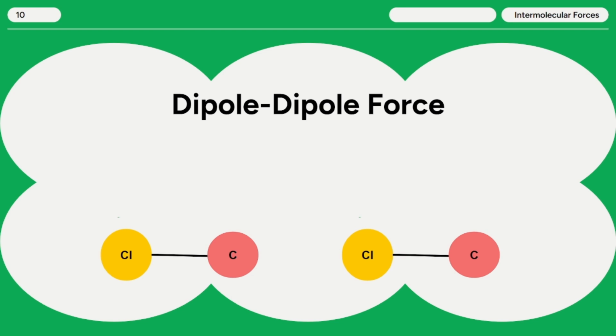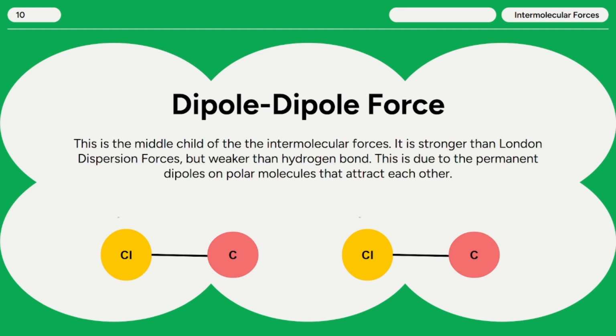Another type of force that we have is a dipole-dipole force. I kind of like to think of this as the middle child of the intermolecular forces. It is stronger than the London dispersion force, however, it is weaker than the hydrogen bond, which we will be talking about. Now, unlike a London dispersion force, which is a temporary dipole, a dipole-dipole force is from the permanent dipoles on polar molecules.